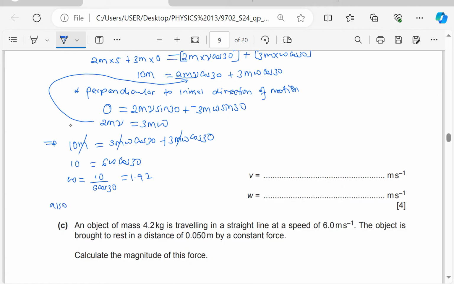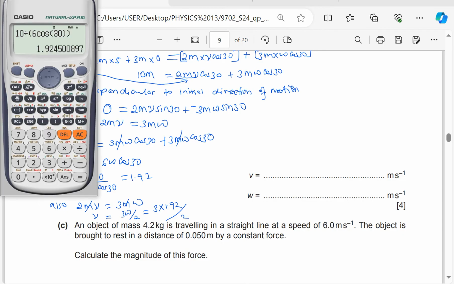But also remember 2mv is equal to 3mw, where m cancels. So v is equal to 3w divided by 2, which will be 3 times 1.92 divided by 2. So I'll just multiply the answer by 3, then I divide this by 2.